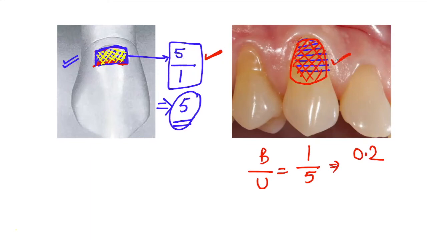And in case of non-carious lesions or where there is no specified class 5 cavity, we have only the prepared tooth surface which is bonded to the composite restoration, and we have 5 surfaces which are unbonded. These 5 surfaces are present on the root side, coronal side, mesial, distal, and one forming the labial surface. So in this case, the C factor comes out to be 0.2. I hope it's clear to you.